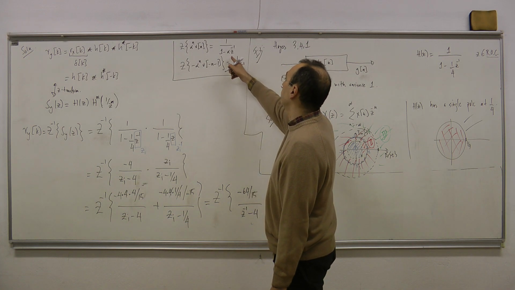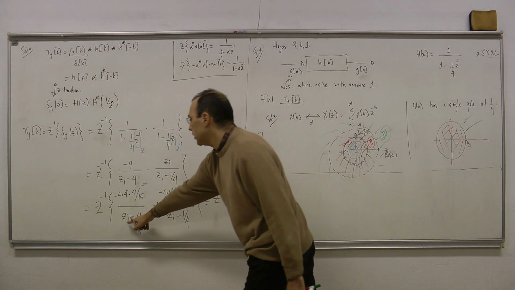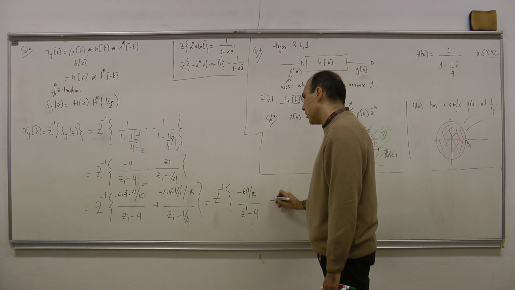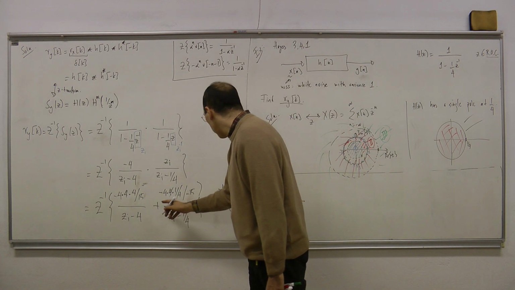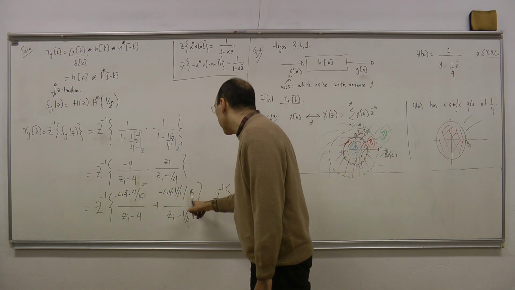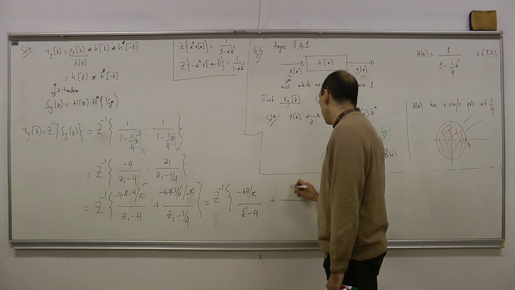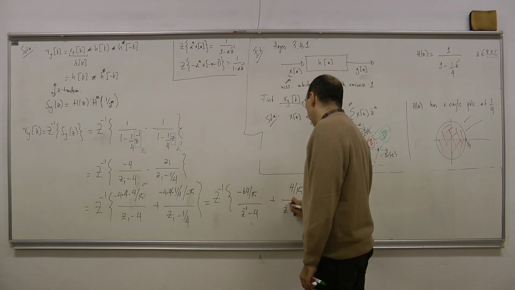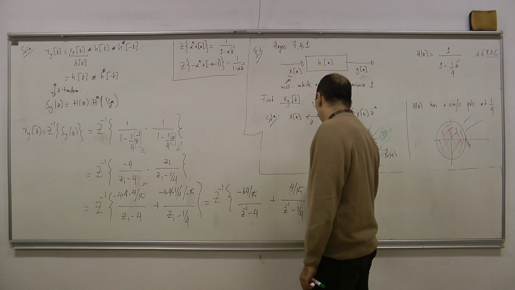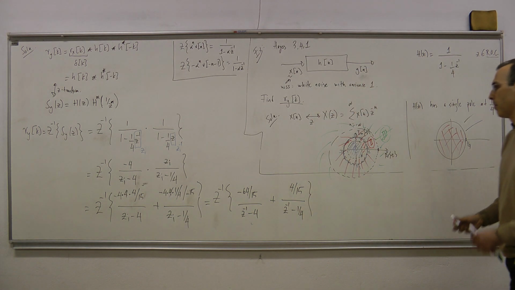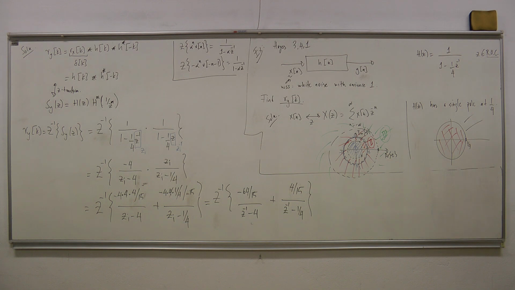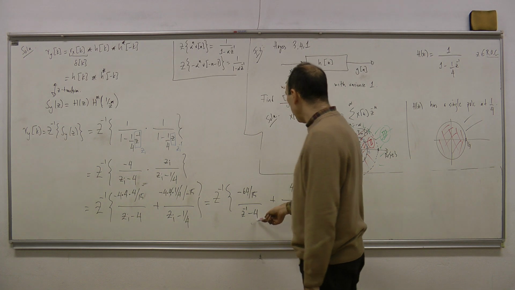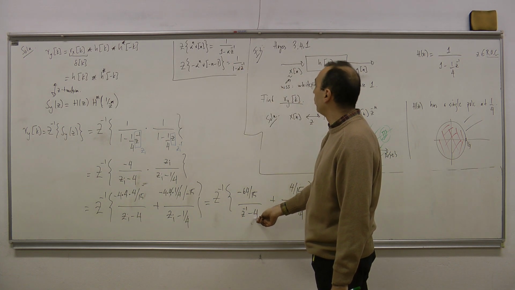I want to recognize forms like this one; this is the reason that I use z inverse. Plus 4 over 15 divided by z inverse minus 1 over 4. It's almost in that form, but I need a 1 over here instead of 4.